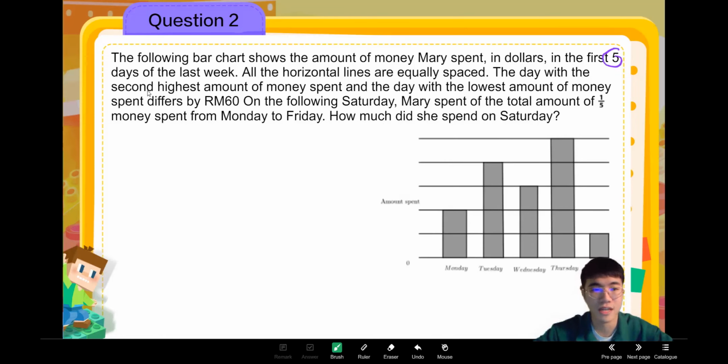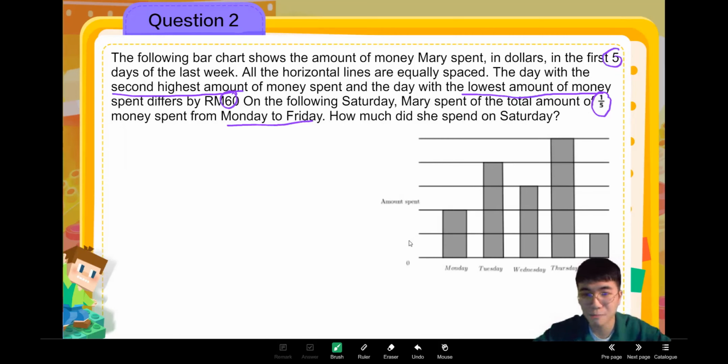The day with the second highest amount of money spent and the day with the lowest amount of money spent differ by 60 ringgit Malaysia. On the following Saturday, Mary spends 1/5 of the total amount of money spent from Monday to Friday. How much did she spend on Saturday?